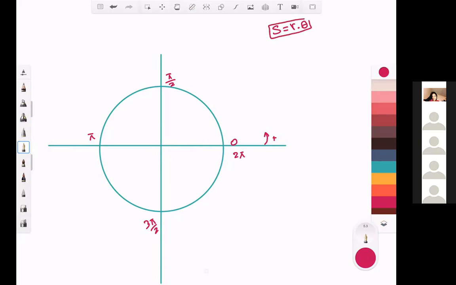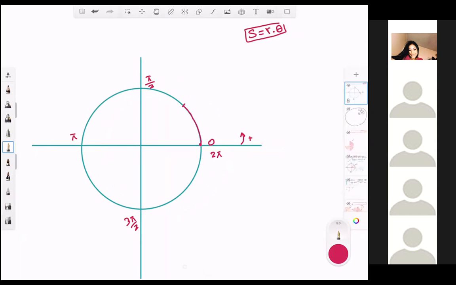If I ask you what is the length from here to there, for example, from A all the way to B, this arc, you connect this one.